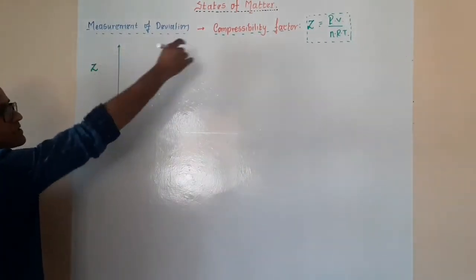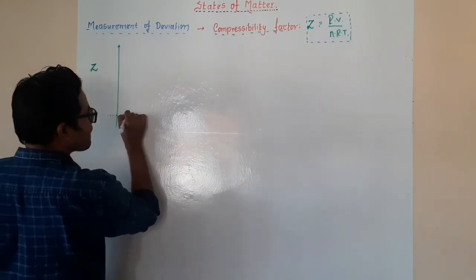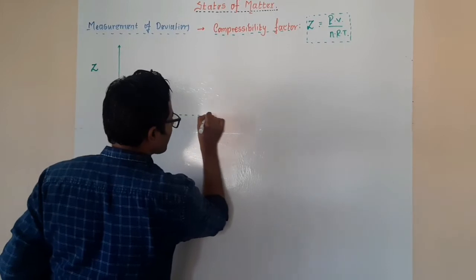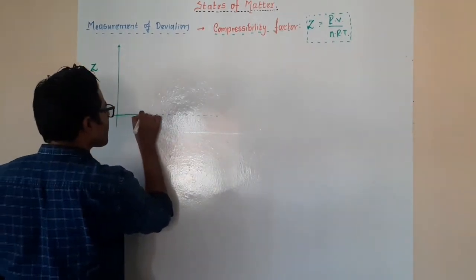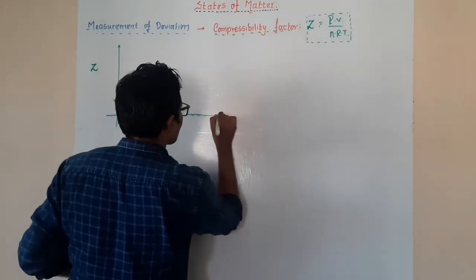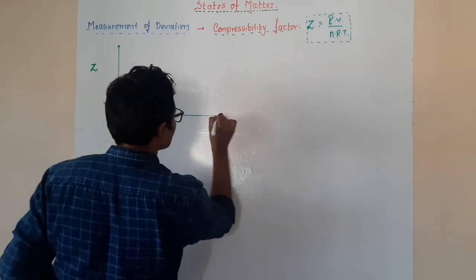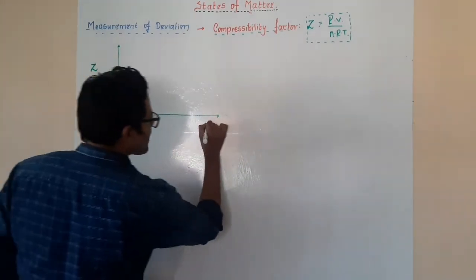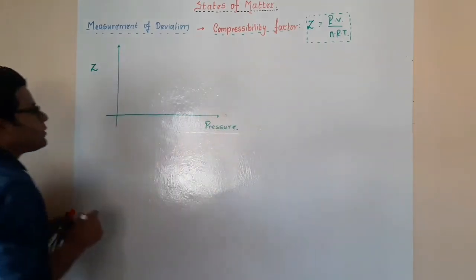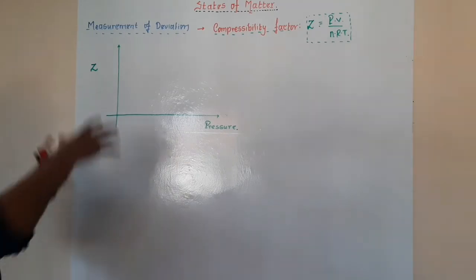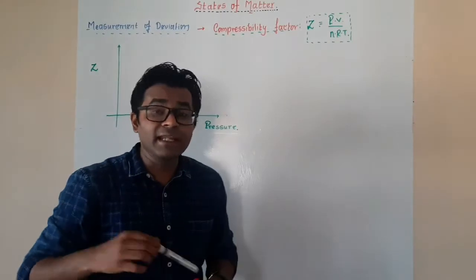So it is going to represent the compressibility factor, and over here, let's say we are going to have a pressure axis. So when we plot a graph of the compressibility factor versus the pressure, let's say we have an ideal gas.